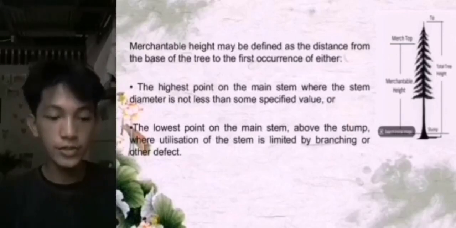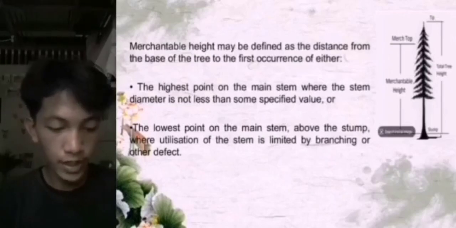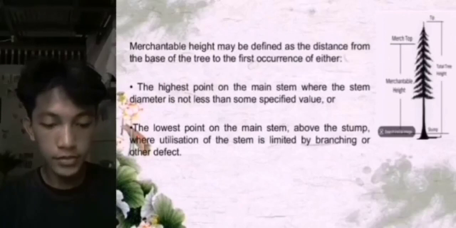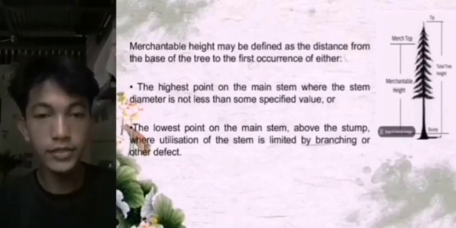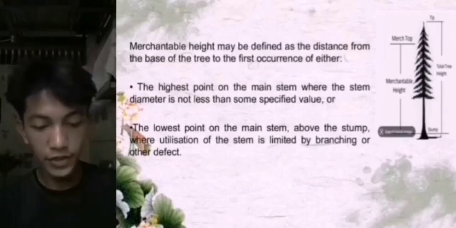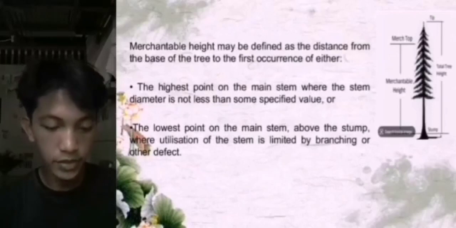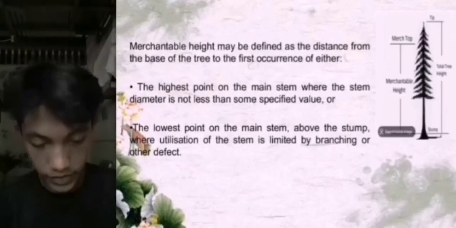So merchantable height is used to predict conventional merchantable woody material. So the height above the ground or above the stump height, which is sellable for a particular product, depends sa product you are making from the tree.